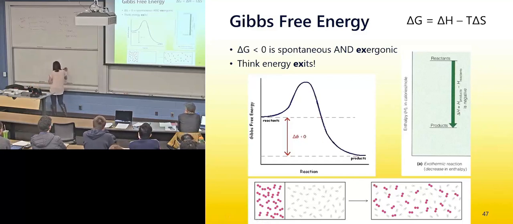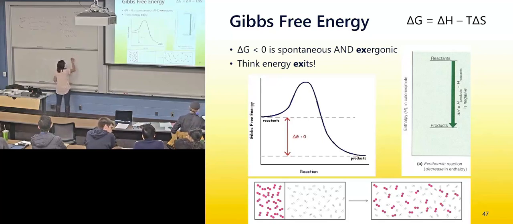And I want you to put that on, there's a box on the worksheet at the bottom, right? There's like a table. It says fill it out together as we do it in class. And it has if delta S is greater than 0, and it has if delta S is less than 0. And then over here it has delta H less than 0, so this is exothermic, right? And it has delta H greater than 0.